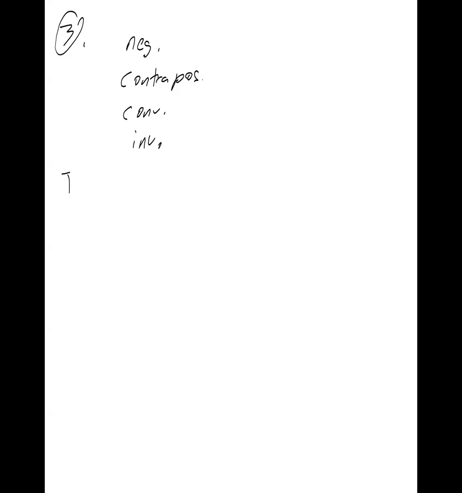The statement is, if today is New Year's Eve, then tomorrow is January. So we have to write the negation, the contrapositive, the converse, and the inverse. We don't have to do them in that order necessarily, but we just have to do them.